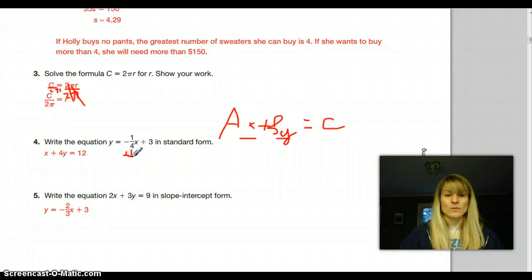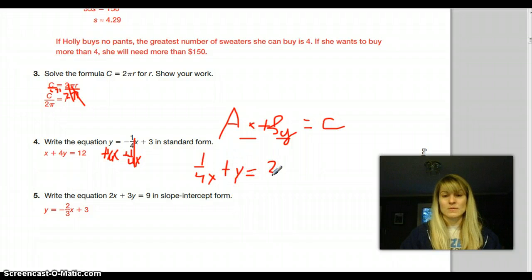So I'm going to add 1/4 x, because negative 1/4 x and positive 1/4 x equals 0. And I have to add it to this side. So that makes it a little bit less sloppy. We have 1/4 x. Y is positive, so it becomes plus y equals 3.